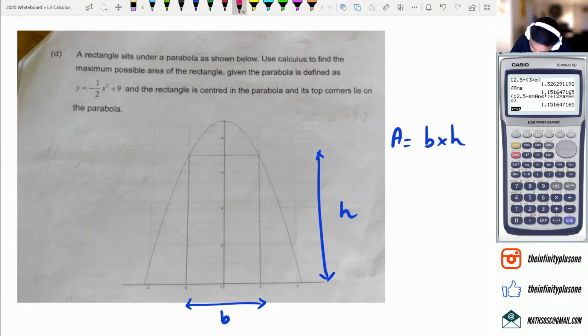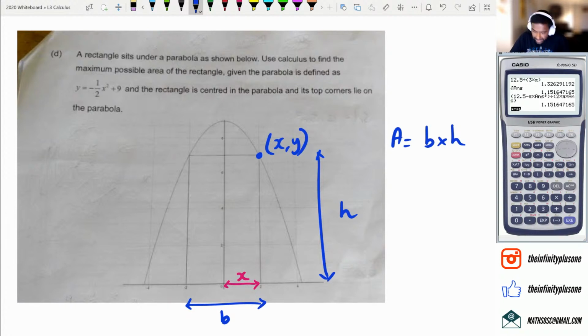So here's the next thing to remember. The distance from here to here is actually x. Now, if for some reason you don't know how to start this question, what you could always do is take the point at the corner. We don't know what that point is, but we're going to call it xy.